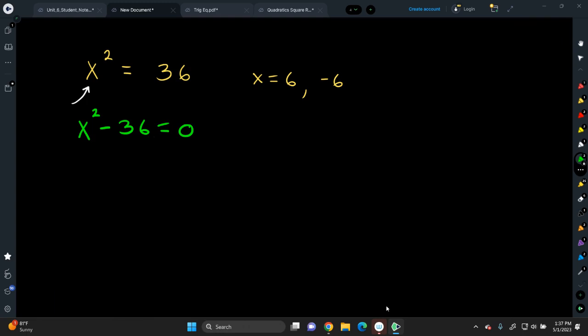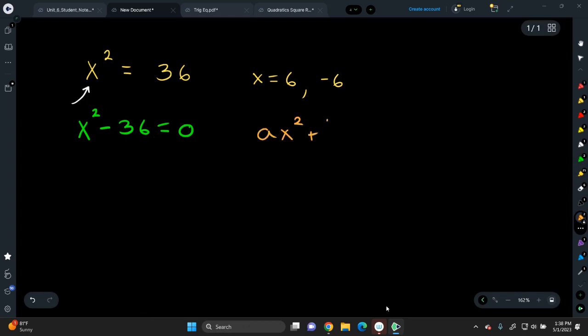So what's different about the way this equation looks? A normal quadratic equation looks like this. What's different about that one? What's missing? The x, right? Or the b term, right? This is missing. Okay?